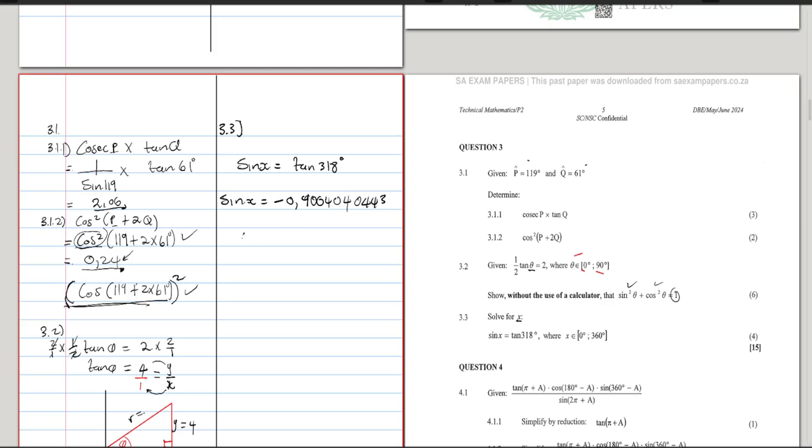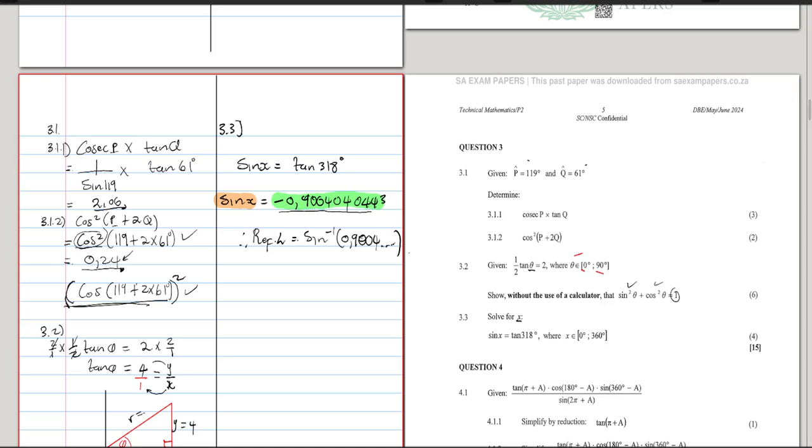And then you now have a trigonometric ratio equal to some value. Then you can only calculate your reference angle this time. So therefore you're going to say arc sine of this whole thing without the negative sign, of course. So it's going to be 0.9004, and so on.